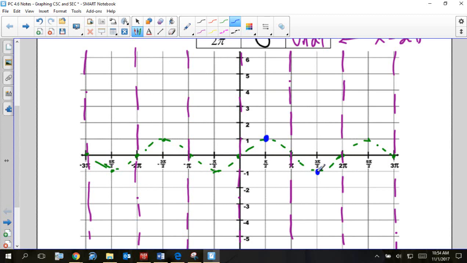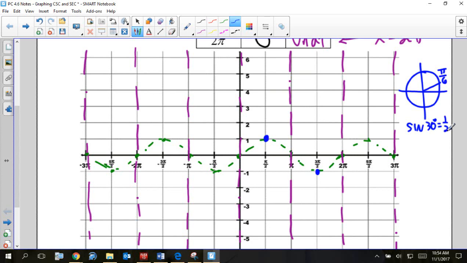And then we don't have to do this every time, but we're going to do it just this once to find out where more points are. I'm going to think about the unit circle, and I'm thinking about sine. And sine at pi over 6, which is 30 degrees, is what value? Half. So sine at pi over 6 is a half.